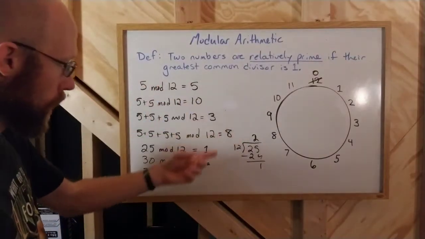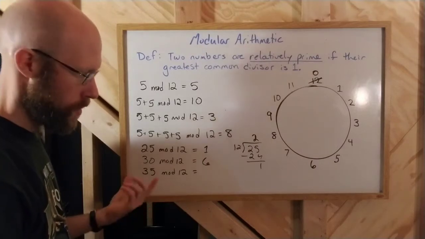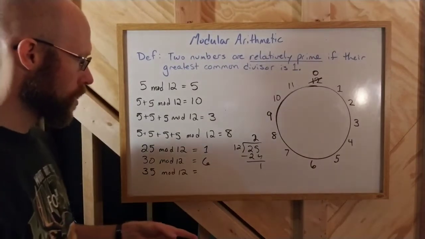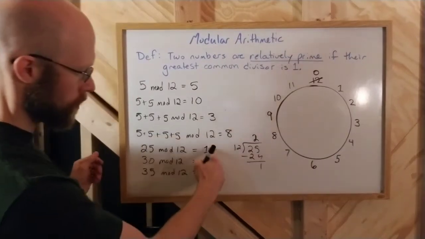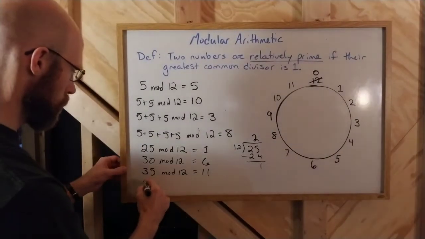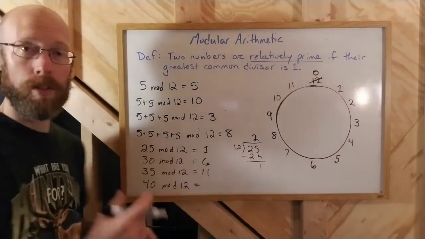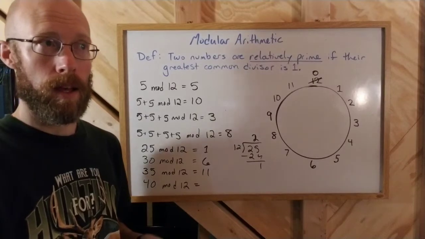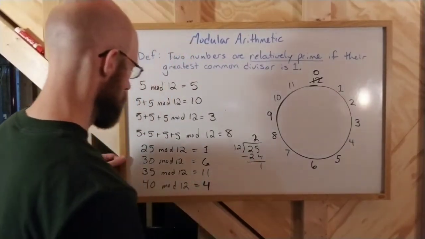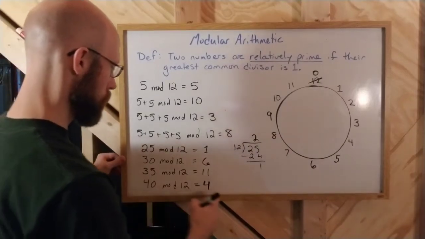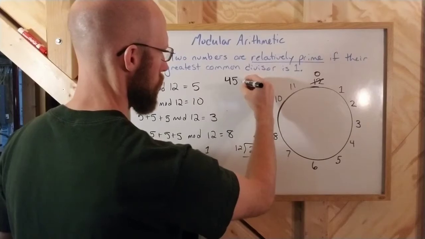So 5, 10, 3, 8, 1, 6, 35, I got to pull out 24, and that leaves you with 11, right? That makes sense because you're jumping by 5 here. And then 40 mod 12, you'd have to pull out 36 this time, and 36 would be another 4. And then let's do 45. Still haven't repeated anything.